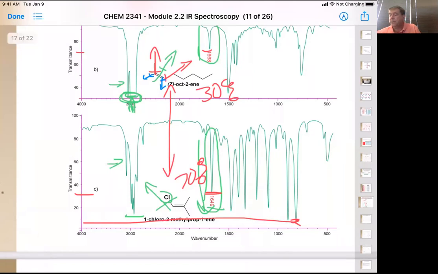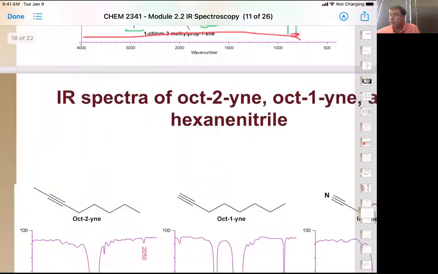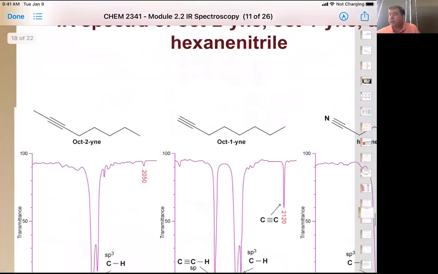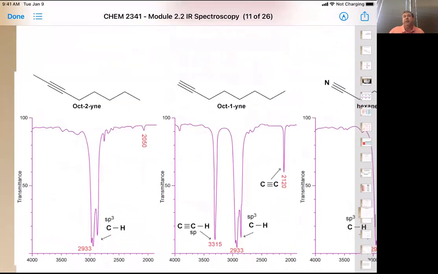All right. So let's look at the triple bonds and see if we see a similar thing happen to it. It does. So if a triple bond is symmetrically substituted with either carbons or hydrogens, the peak for the alkyne actually shows up very low. In this case here, we have almost no peak at that 2000.